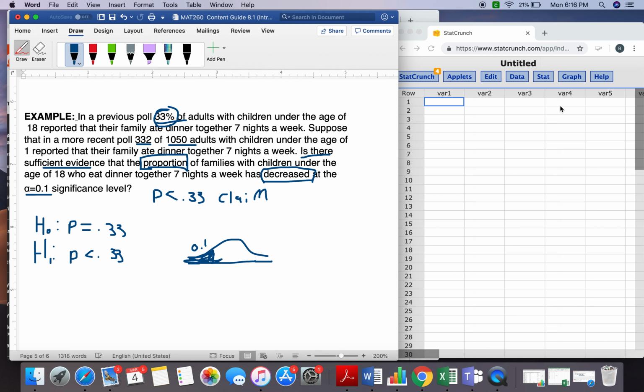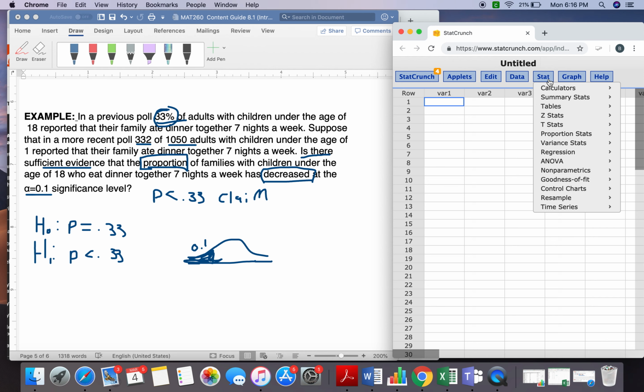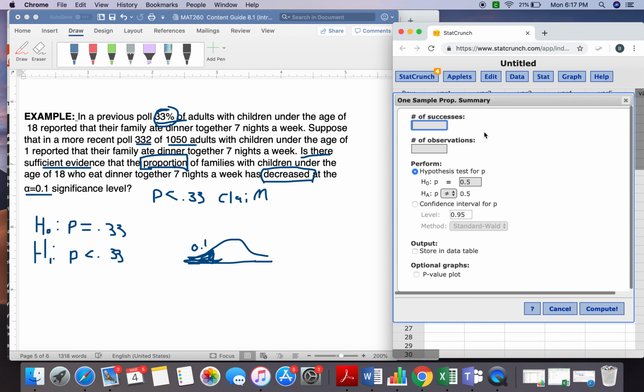So now we can go into StatCrunch. And we were talking about proportions, so we're going to go into proportion stats, one sample with summary. And we have that our successes was 332. And our number of observations was 1050. And with our setup hypothesis test, we're looking at 0.33.